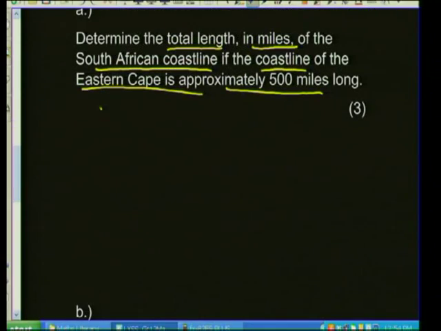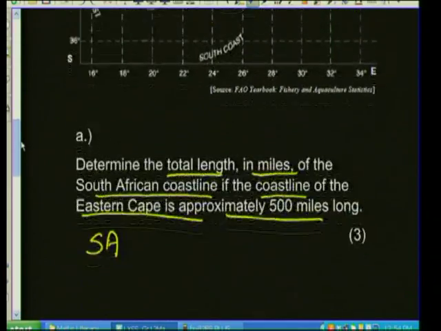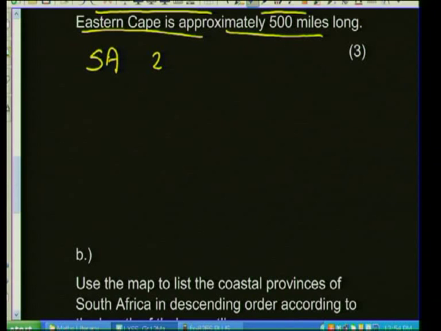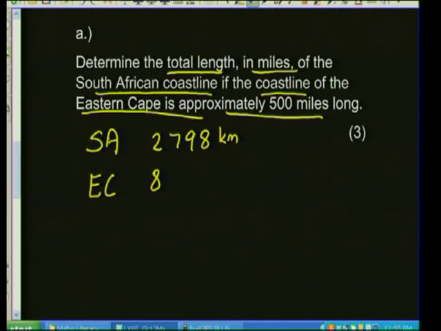We know that the whole of South Africa is, and we've drawn it, 2798 kilometers. We know that the Eastern Cape is 800 kilometers. And we know that the Eastern Cape is 500 miles.